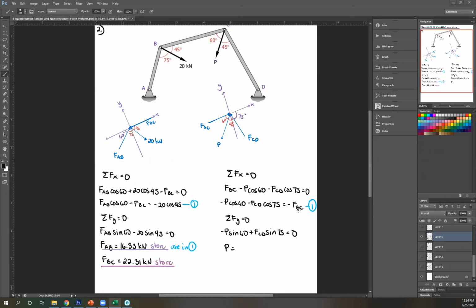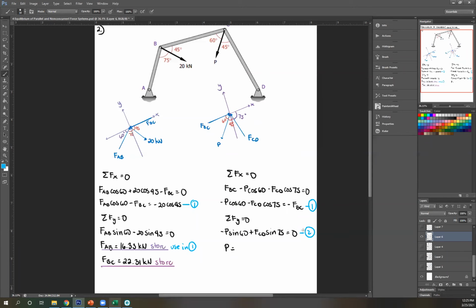So please solve for P. In this case, there's no FBC, so this is just 0. Is it negative? Should be positive. If our answer is negative, that means your directions are incorrect. Okay, so should be positive. So Mark and Johnson got it correct.